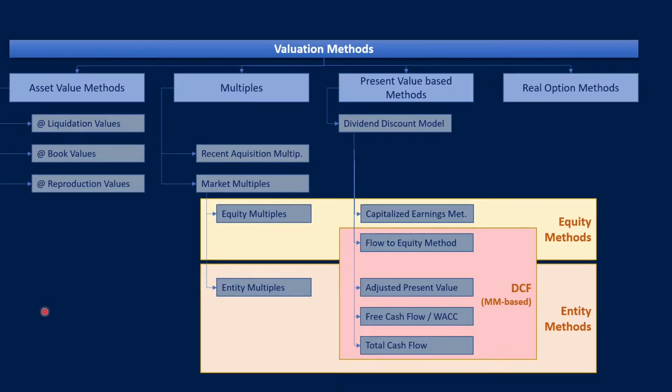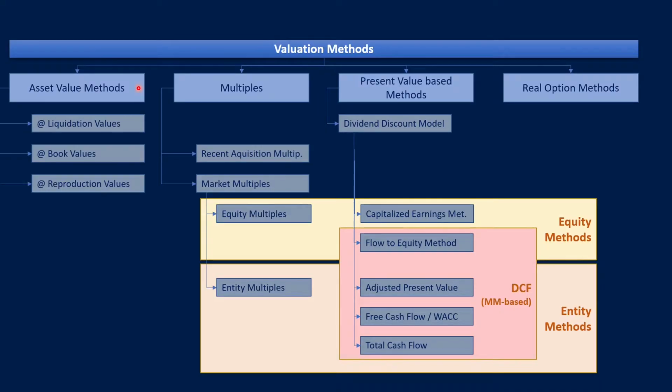Now, this is an overview over valuation methods. We can roughly divide it into the asset value methods, the multiples, the present value based methods, and the real option methods. The asset value methods assume that the value of the company is made of its parts.